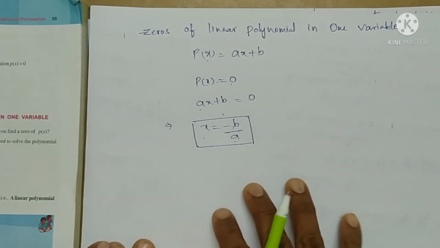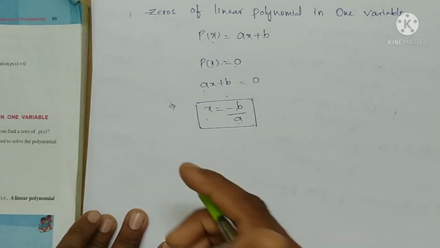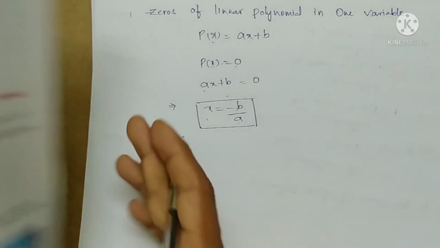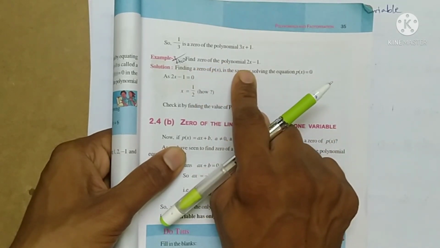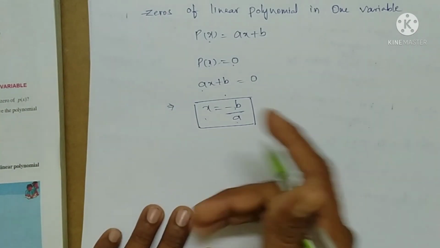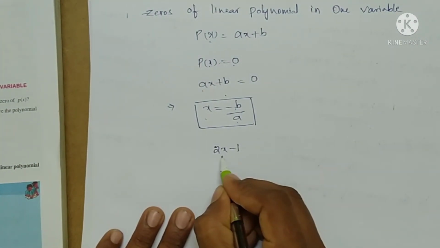Okay, right. So let us check. Third example: find the zero of the polynomial 2x minus 1. This is a linear polynomial.